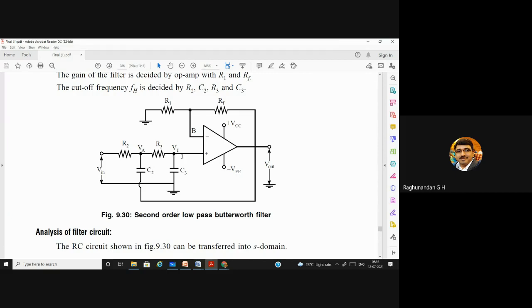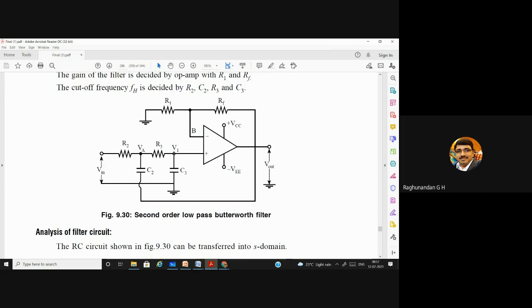Now, looking at this circuit, among R2, R3, C2, C3, which component is going to have the same voltage as we have across V1?